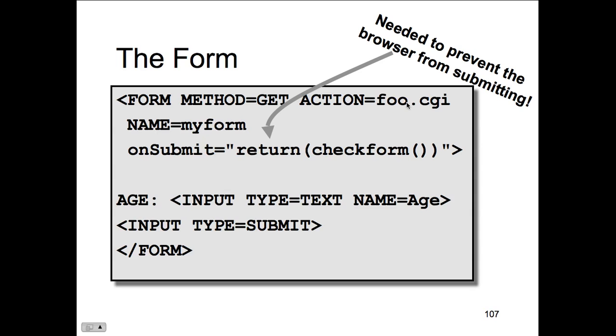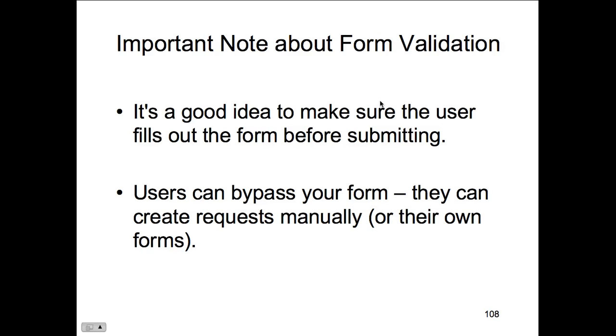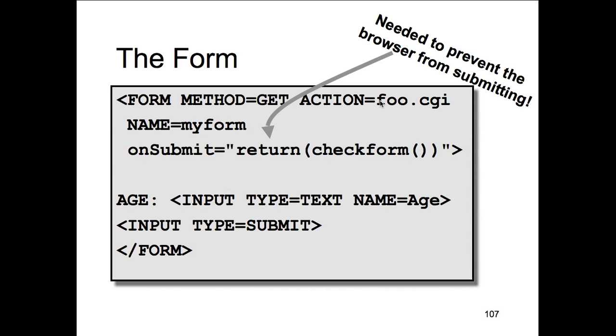So here we go, this is running a foo.cgi form, which is on the server actually. So it's going to return back to the page and let us know if we've entered everything incorrectly. Important note about form validation, it's a good idea to make sure the user has filled out everything before submitting it. And users can bypass your form. They can create requests manually on their own forms if they want to. So we have different pieces and things to consider.